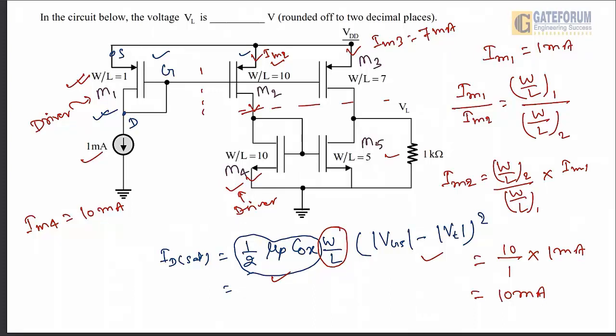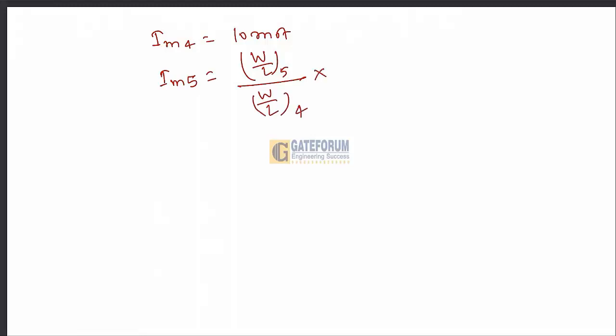Now we'll correlate M4 and M5. IM4, which we got as 10 milliampere, and with the same concept as explained earlier, IM5 is W by L of the fifth transistor divided by W by L of the fourth transistor into IM4, since IM4 divided by IM5 is equal to W by L of the fourth transistor divided by W by L of the fifth transistor.